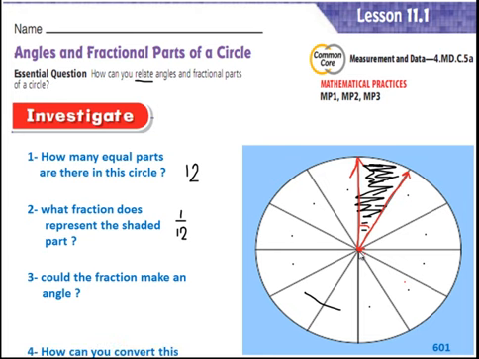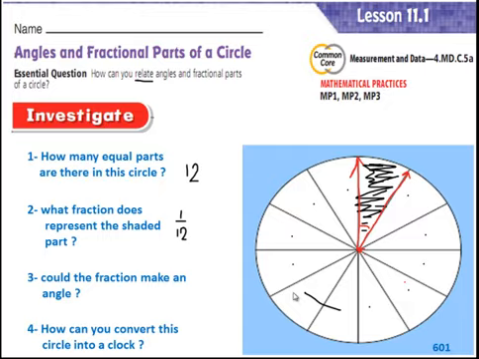Okay, and the fourth question is, how can you convert this circle into a clock? For me, yes I can. I'm going to name every part like this.